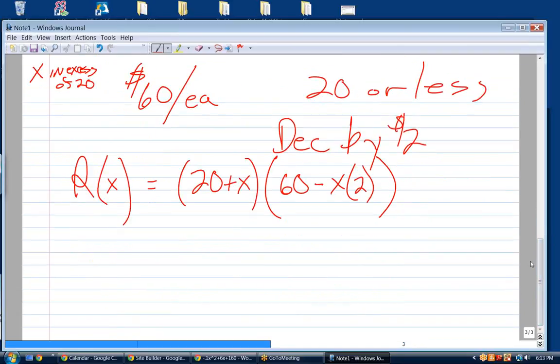If X were 1, we would have 21 passengers, and everybody would pay $58, right? Yeah. What's 21 times 58? Well, we can see that that's what we're going to get here. If we let X be equal 1, we're going to get 21 times 58. So this function looks right.